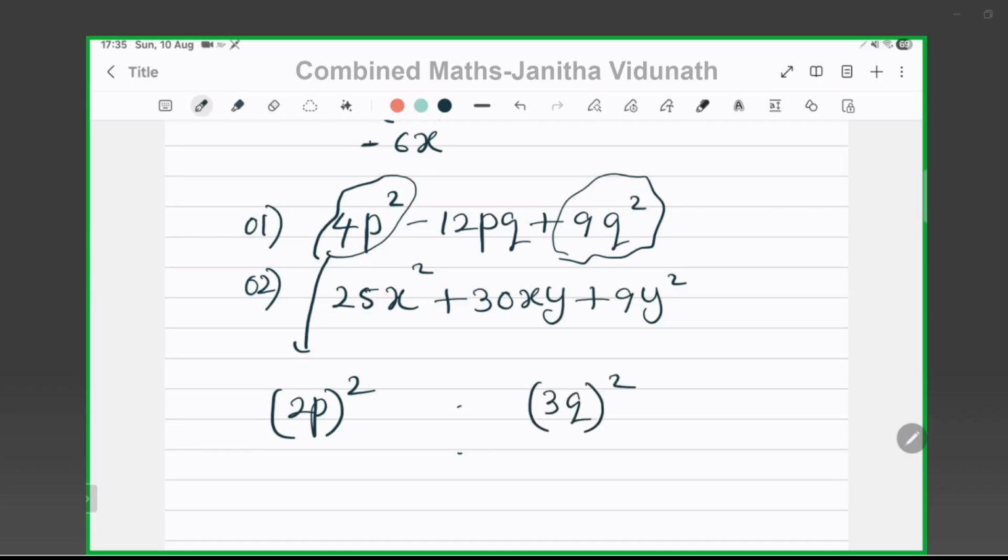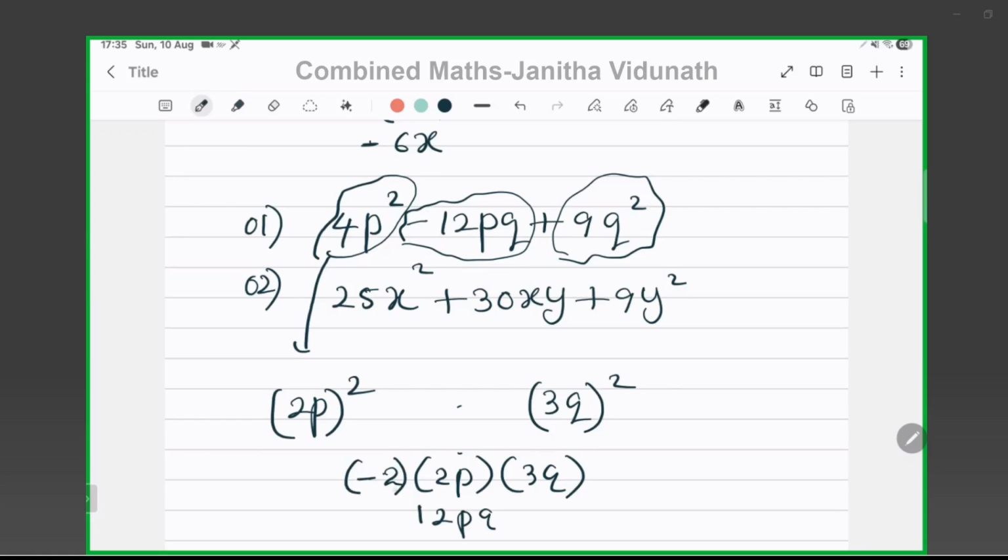Then we check whether the middle term consists of 2 times the first term times the second term. Here we can see this is 12pq, and the middle term is minus. Then it consists of minus 2 times 2p times 3q. Then the final answer is (2p minus 3q) whole square.